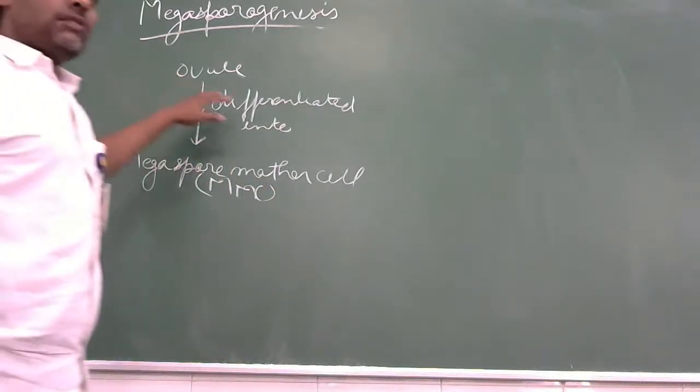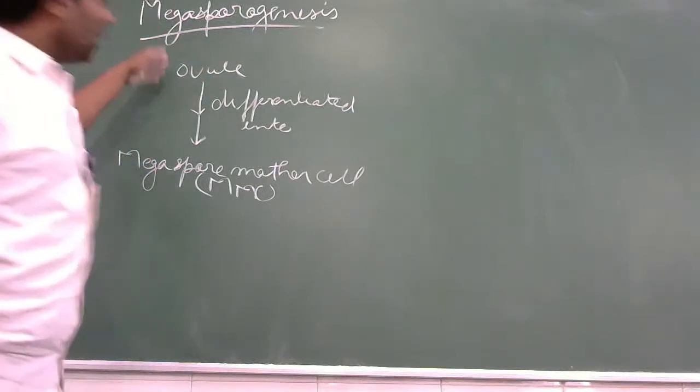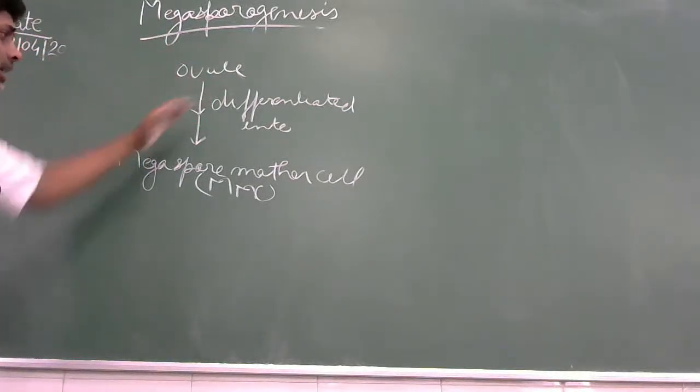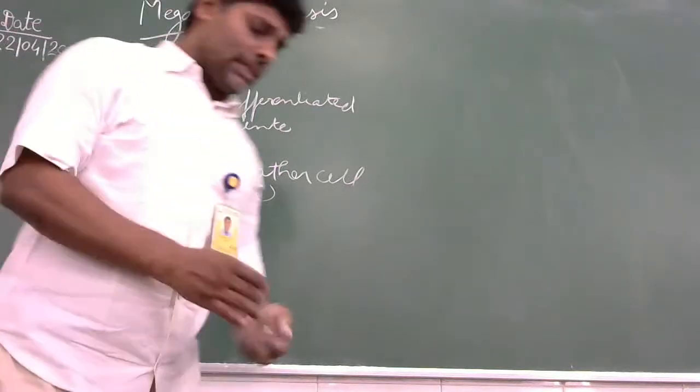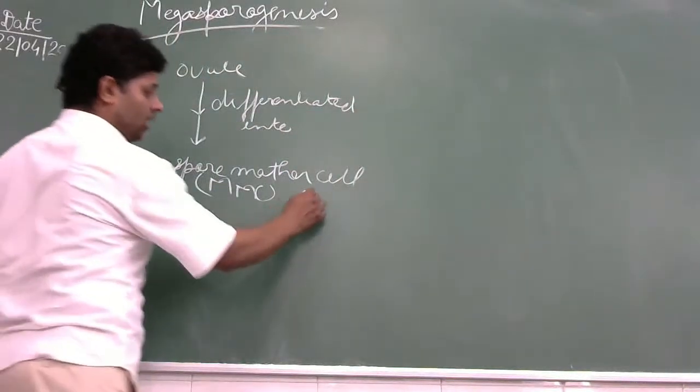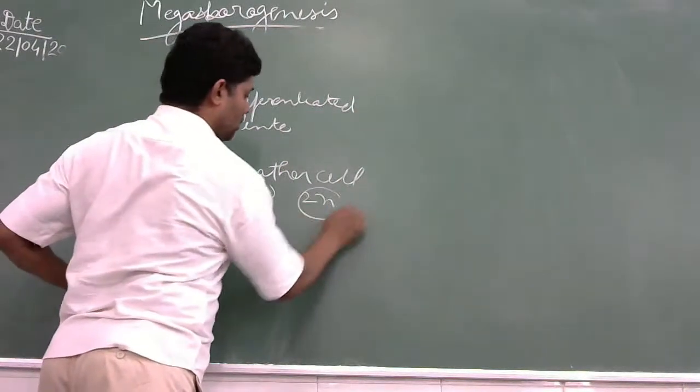So whatever we have studied regarding the ovules, first of all, the ovule differentiates into the megaspore mother cell. This megaspore mother cell's ploidy is 2n.